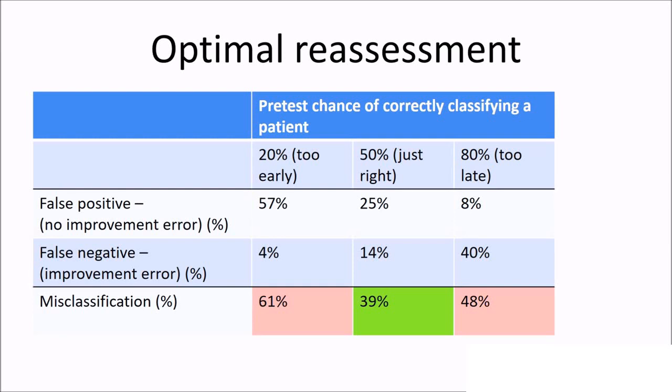Interestingly, the false positive decreases compared to when we optimally reassess them, to 8%. Again, we need to add these two errors together, and we get a misclassification percentage of 48%, which is again much higher.